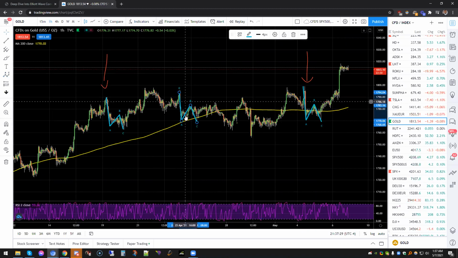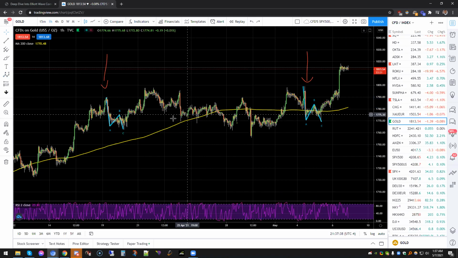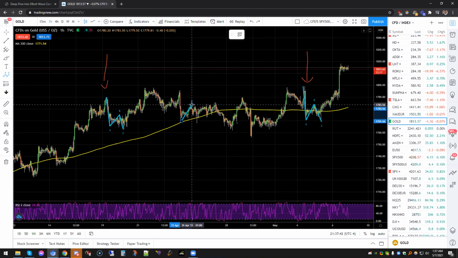See this? This could also be considered one of those waves. Or it could be looked at like this. Got 1, 2, 3, that's W. 1, 2, 3, that's X.